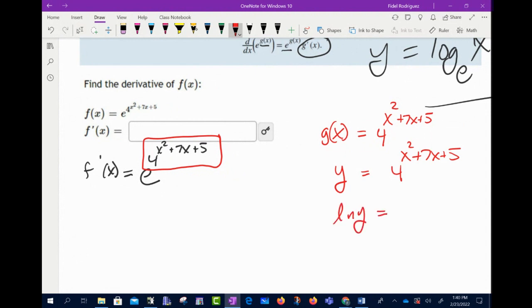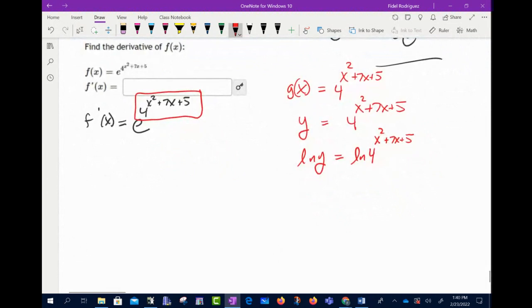So the natural log of y equals the natural log of 4 to the power x squared plus 7x plus 5. What am I going to be able to move here on the right side, you guys? X squared plus 7x plus 5? Good. So we're going to have the natural log of y equals x squared plus 7x plus 5, you'll agree, times the natural log of 4?